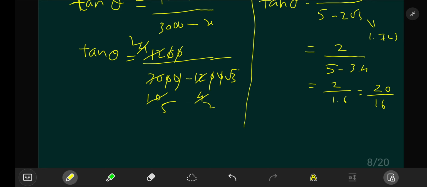That is 4 4s, 4 5s. So 5 by 4, that is equals to 1.25 something will come.